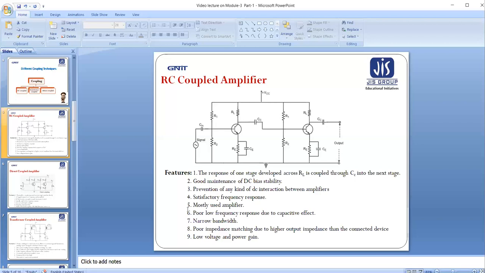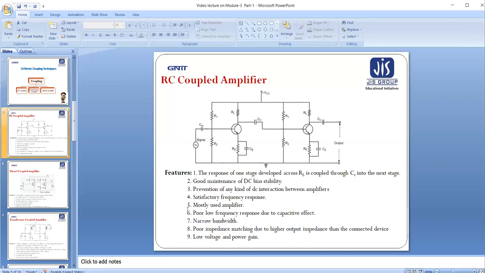Next, poor low frequency response due to capacitive effect. It is very important: although it has a satisfactory frequency response, meaning it will maintain almost constant voltage gain over a specific bandwidth, this circuit will not produce a satisfactory frequency response at low frequency.